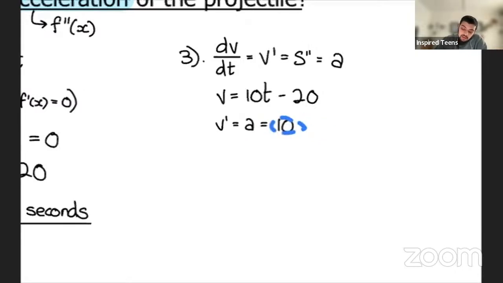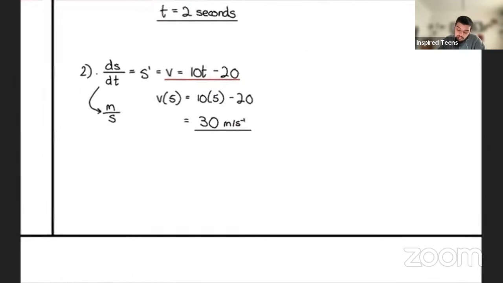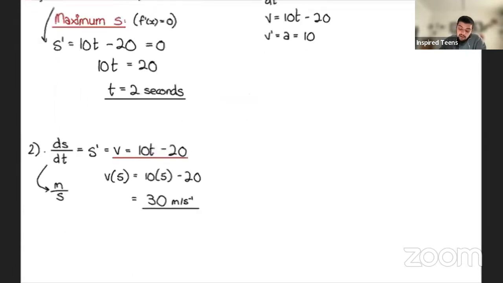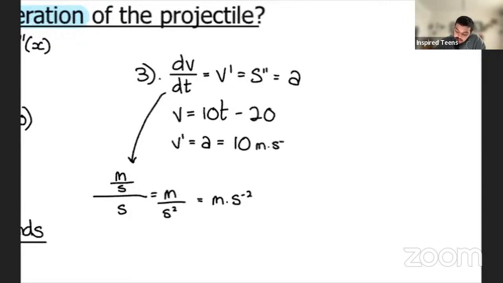What's our unit? In this case, we're working with meters, we're working with seconds. Deriving velocity in terms of time, the unit for velocity is meters over second over seconds. This results in meters over second squared, which results in meters per second to the -2.